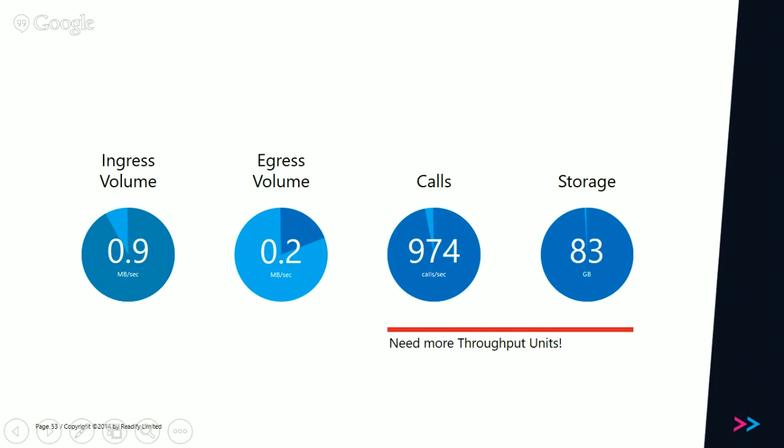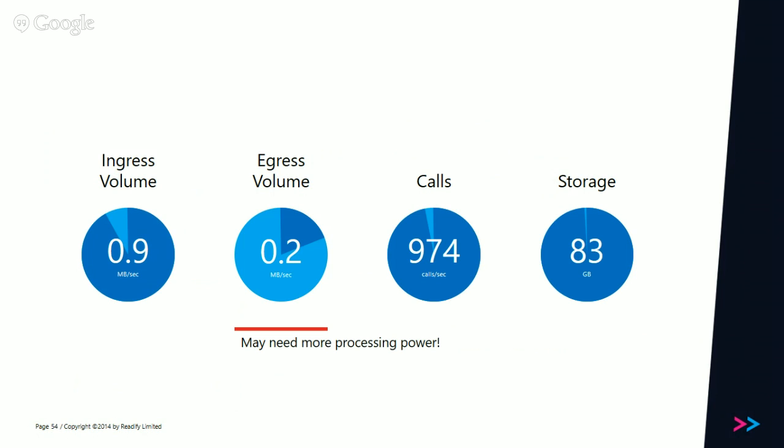So in this model, what I'm probably going to need is more throughput units, because I need to increase the volume of storage available, so I can increase the retention time, but also just the flat-out storage, and make sure that the endpoints or devices sending events don't start getting errors. And eventually I'm going to want to increase my ability to process the messages, so I may also need more processing power.